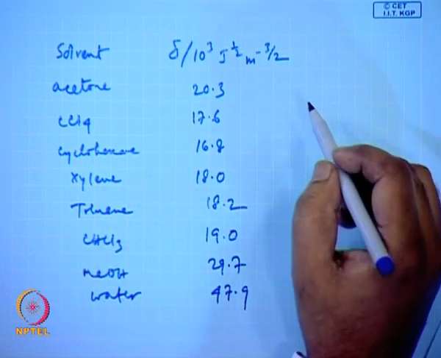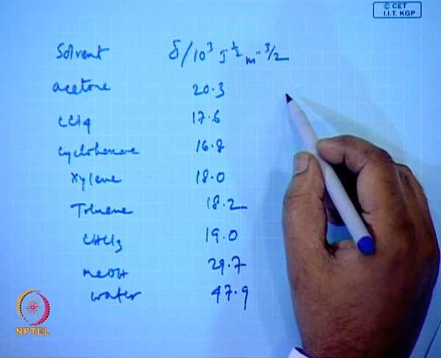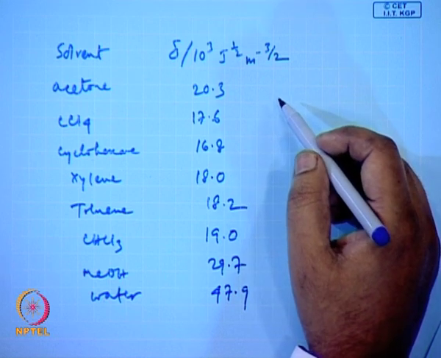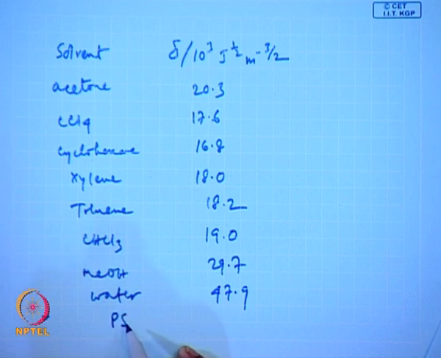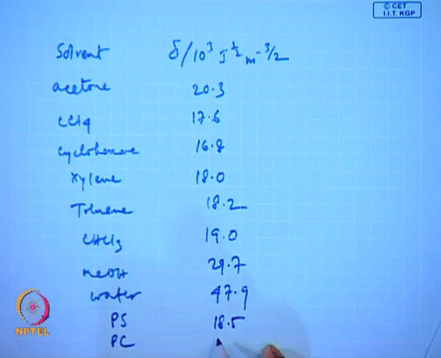Let us take a few polymers as examples, like polystyrene, which is 18.5, and bisphenol A polycarbonate, which is around 19.5 to 20.